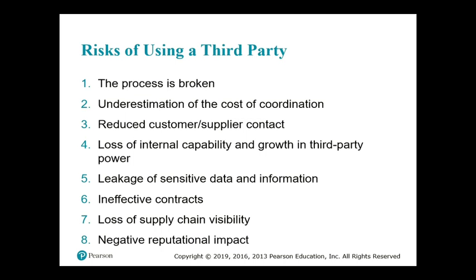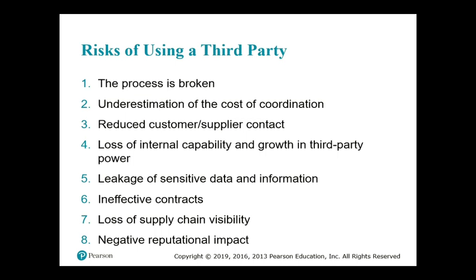And finally, in today's world, when customers care about a lot of corporate responsibility issues, environmental issues, social issues, then reputational effect is also a main effect. So outsourcing to a third party reduces transparency, reduces visibility, and reduces control.